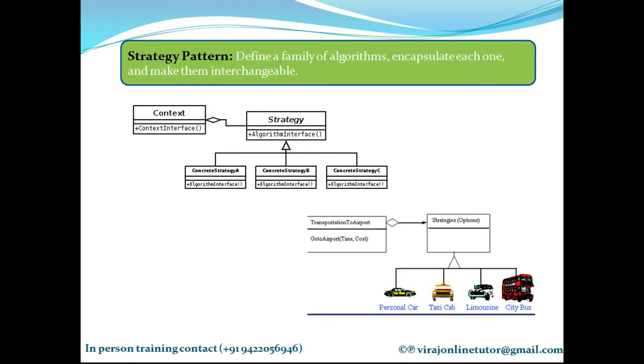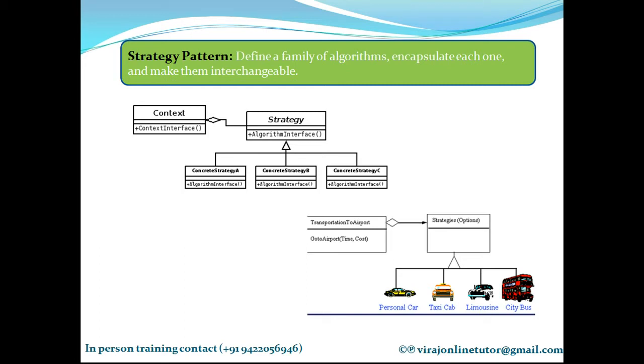Then you can create a base sorting class and you can have 10 different sorting algorithms inheriting from the base class. So at runtime you can decide which one of the 10 sorting algorithms you want to use. That example perfectly fits your strategy design pattern.